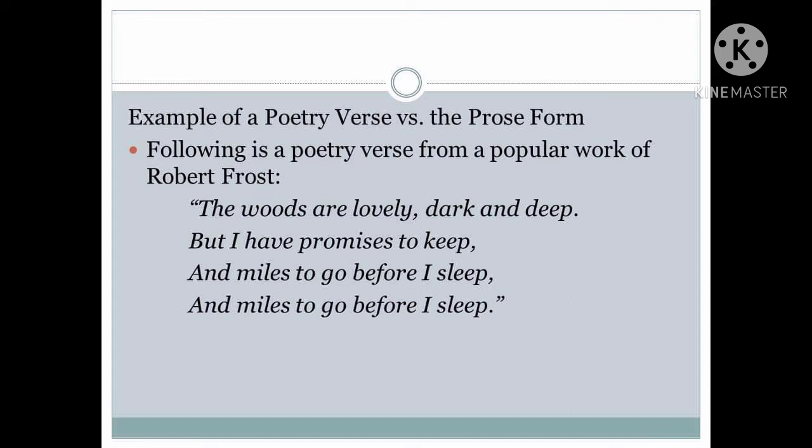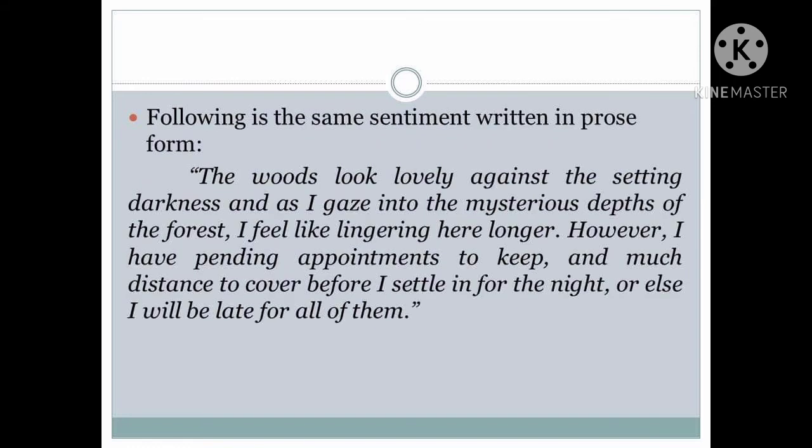Just looking at the given examples, I am hoping that you already have an idea of the difference between poetry and prose. This example is written in prose form, or paragraph form. As you see, it is divided into different sentences, unlike the first example.